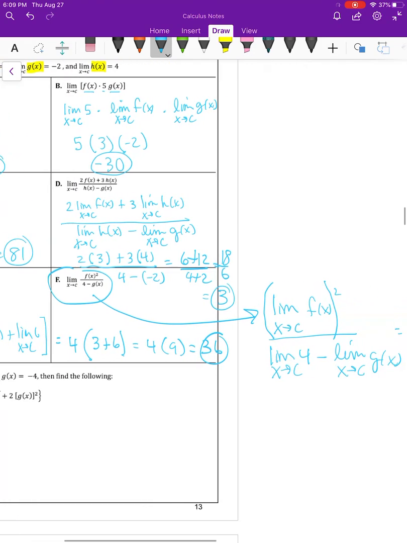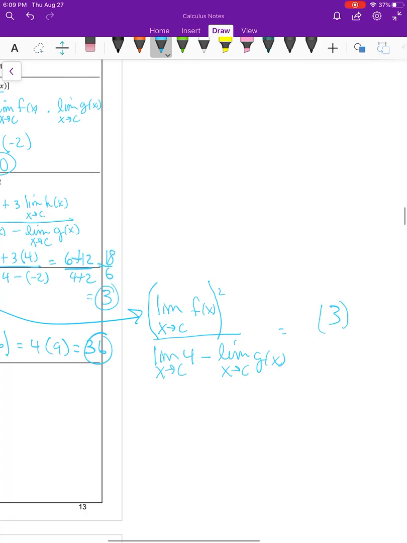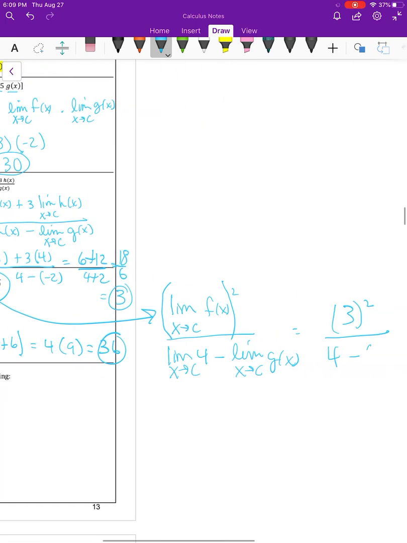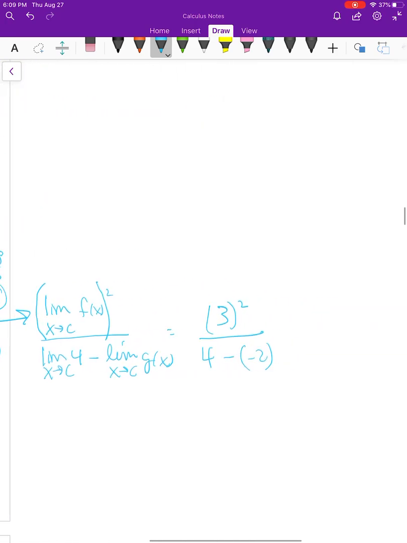So our f of x limit was 3. Limit of a constant is the constant. Our g of x was negative 2. So this is 9 times 4, divided by 4 plus 2. 9 divided by 6, 3/2. And that was for letter F.